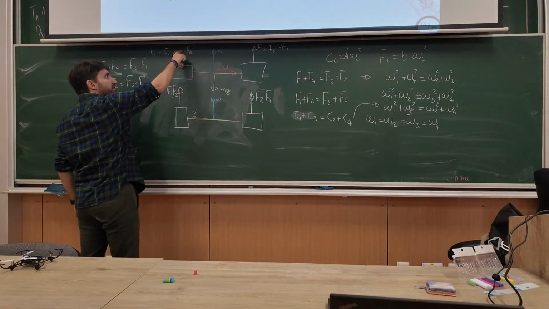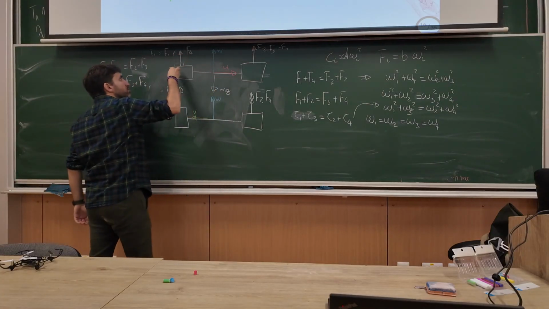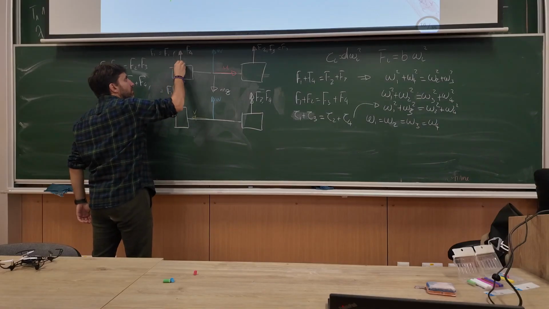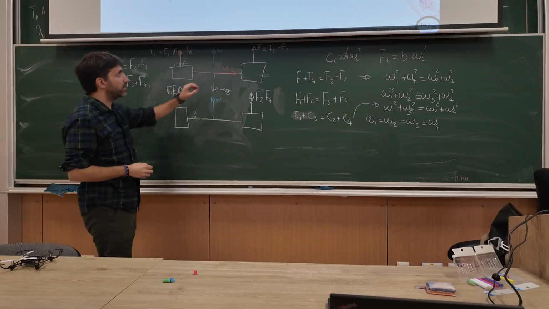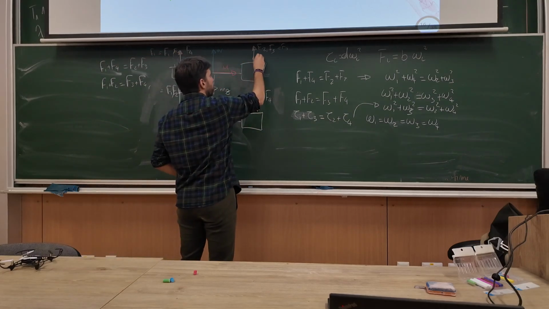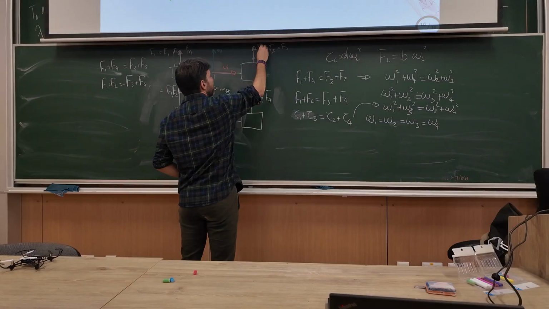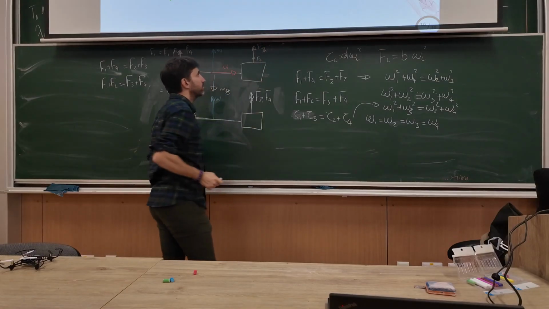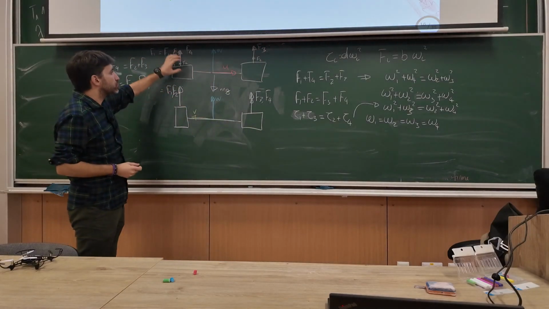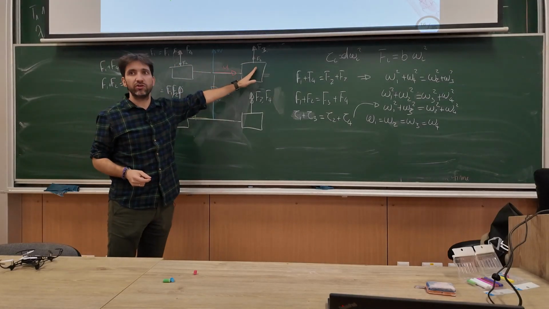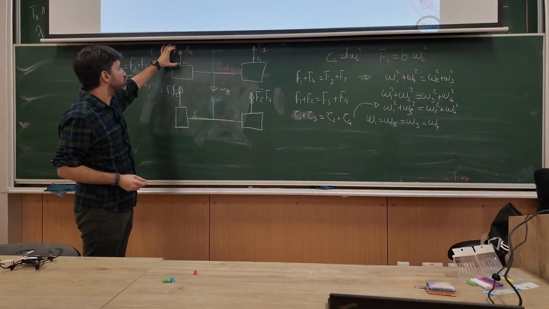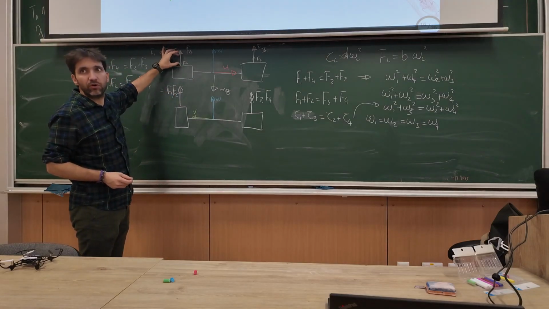And I can split this force into a smaller F4 and a bigger F1, and a smaller F2 and a bigger F3. So I can choose how I split it in two. Half of it goes here, half of it goes here. And then I can choose how I distribute this half to the two motors.